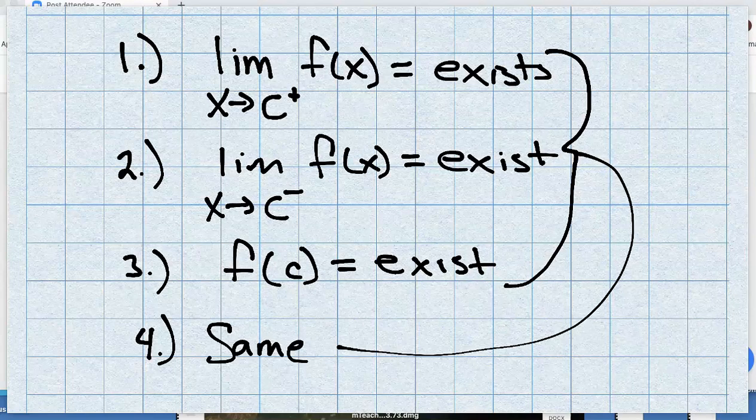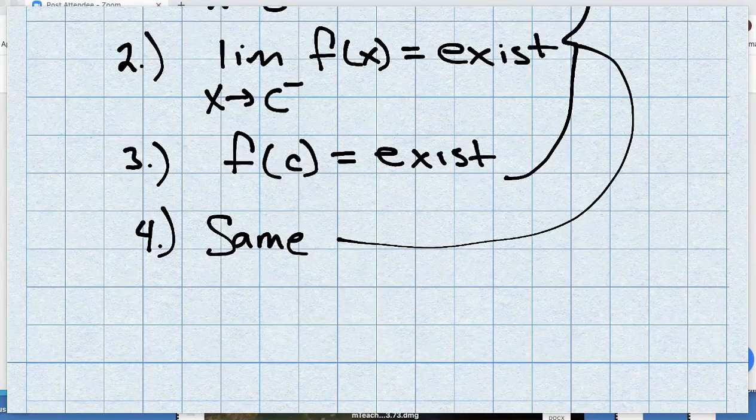The limit from the left has to equal the limit from the right, and it has to be where the function is. If all those things are true, then the function is continuous. If any one of those things doesn't hold, the function's not continuous. So you have to check all four, and they're really going to be looking for you to check all four if they do it on an FRQ, or at least identify all four.